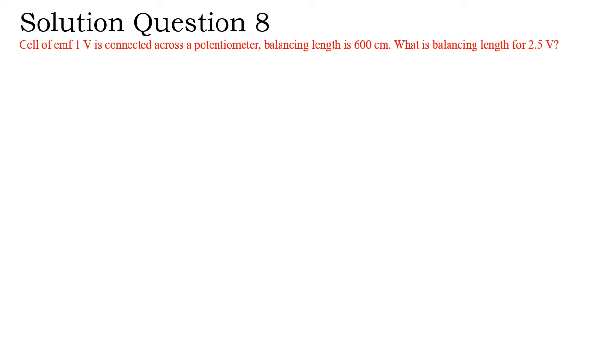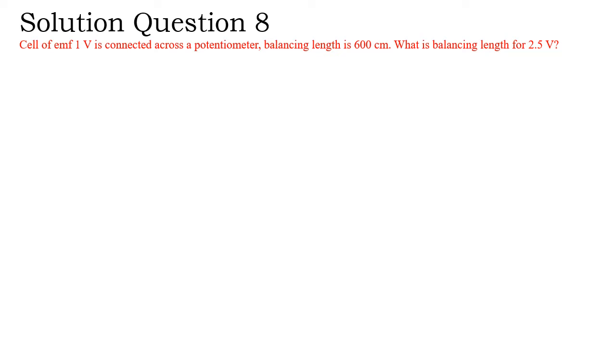Now we know that this particular question is based on potentiometer, and in case of potentiometer we have one application called the potentiometer used to find or compare the EMFs of two cells. So it is based on this particular approach, and here we will be applying that principle as EMF is directly proportional to length.